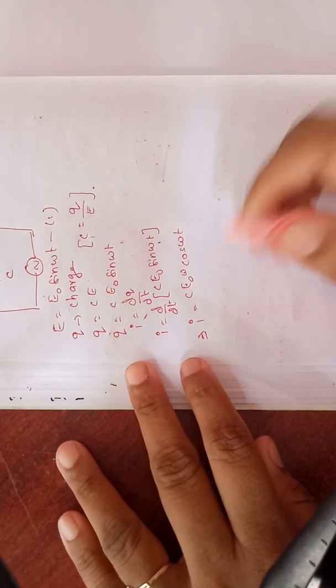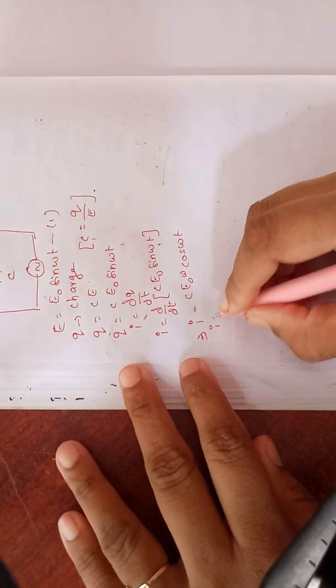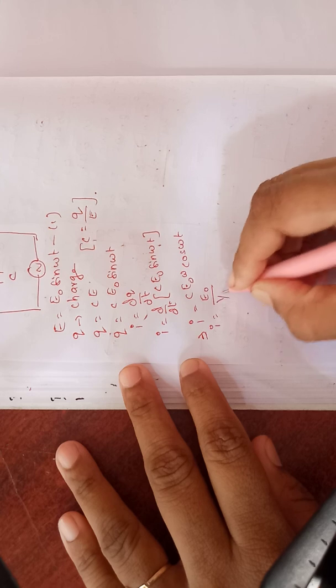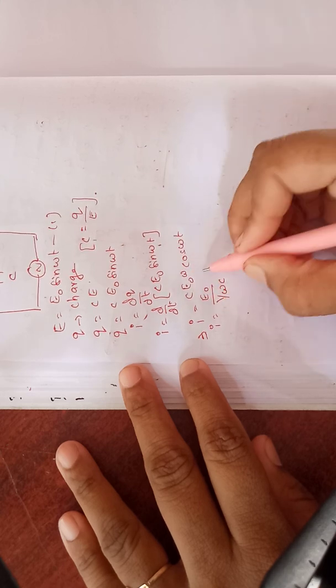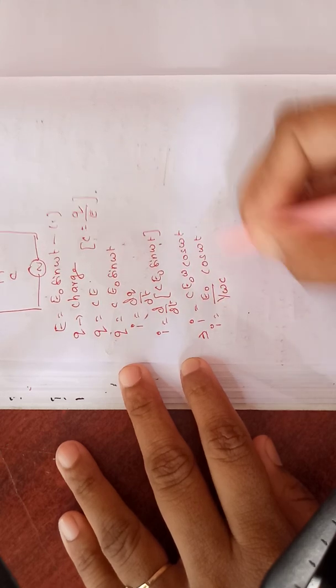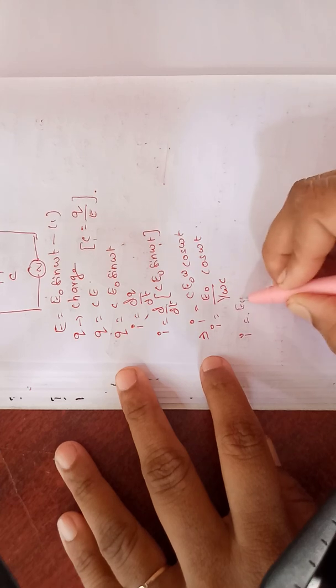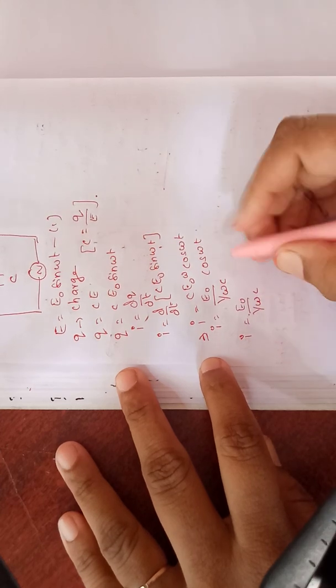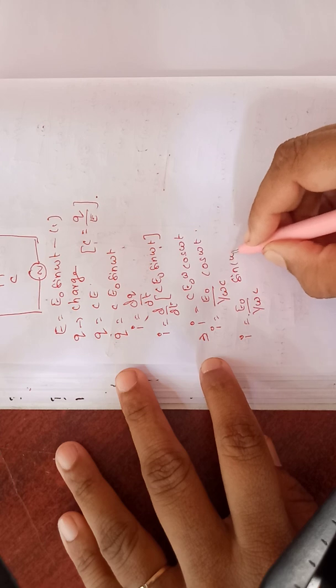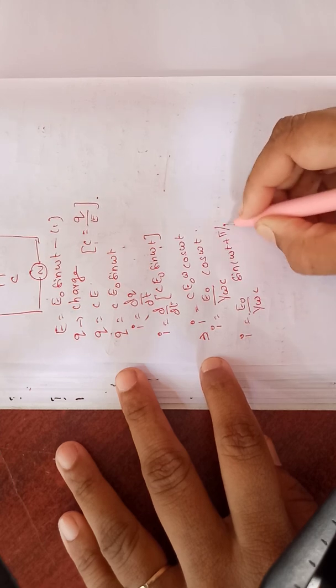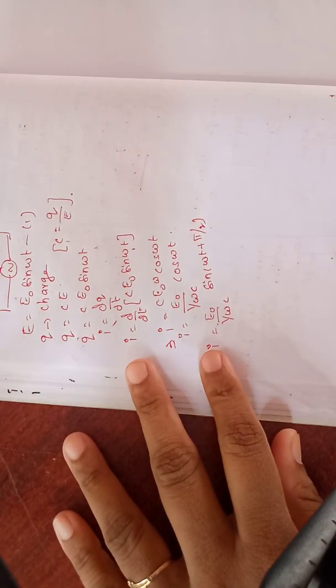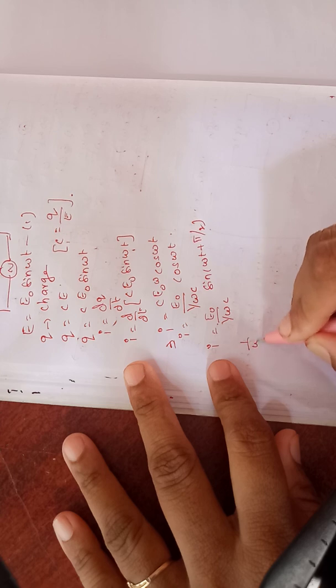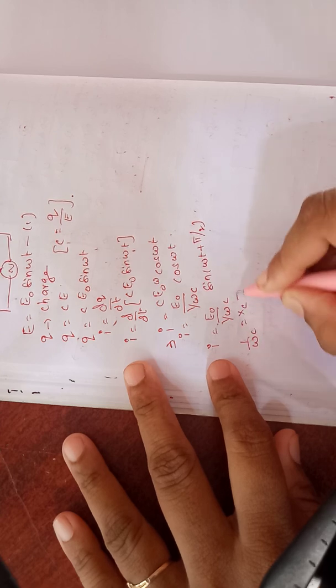Now I will write this as E naught by 1 by omega C. Nothing changes, right? Now again I will write cos omega t as sin omega t plus 90 degrees, right? Now here 1 by omega C is equal to X C.